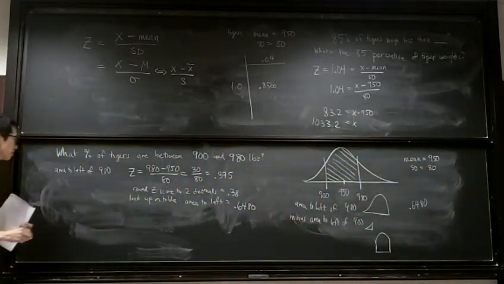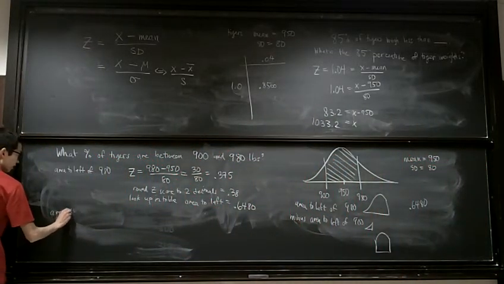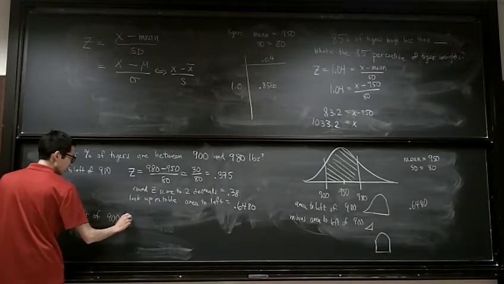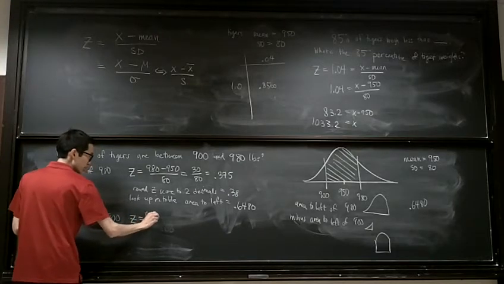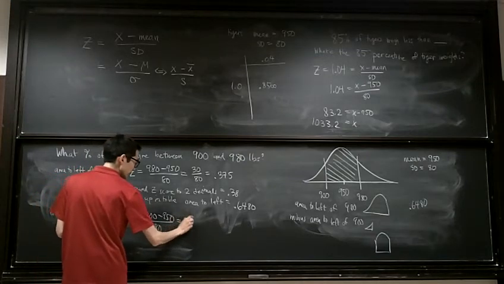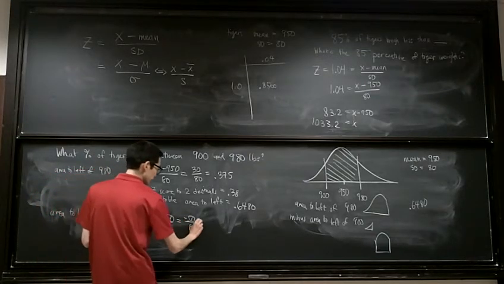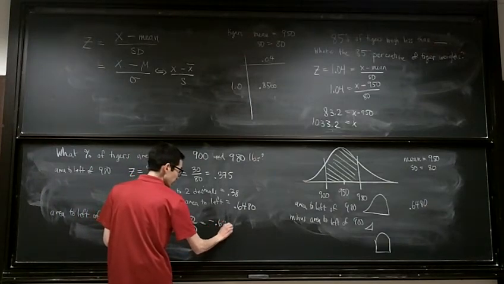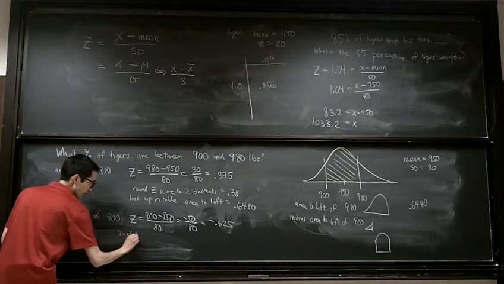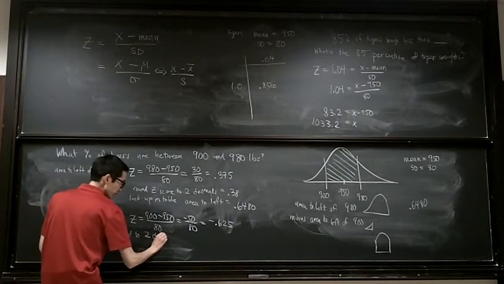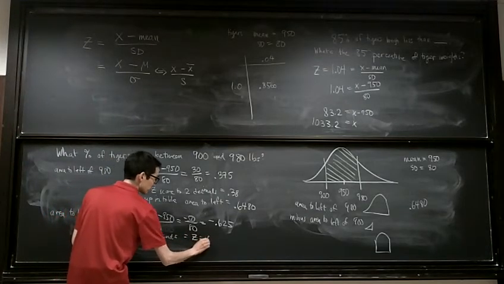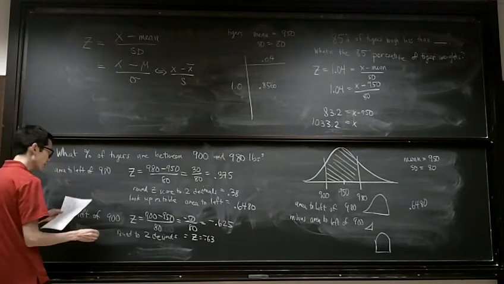Then we do the same thing on the other side. Area to the left of 900. My z is going to be 900 minus 950 over 80. I get negative 50 over 80, which gives me negative 0.625. Round to 2 decimals, and we get z equal to negative 0.63.